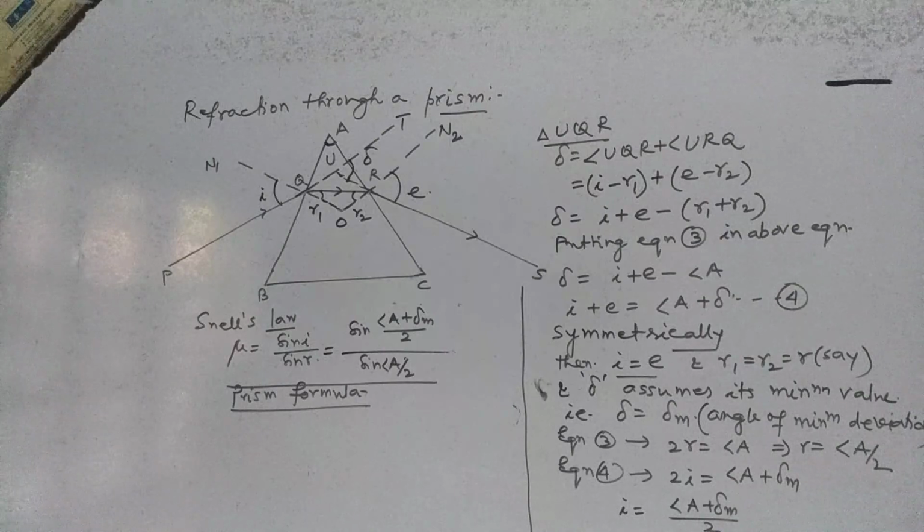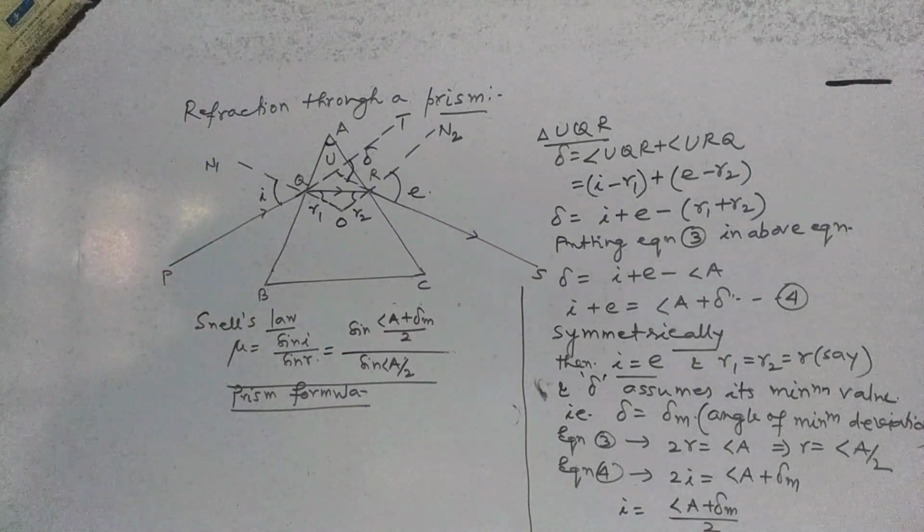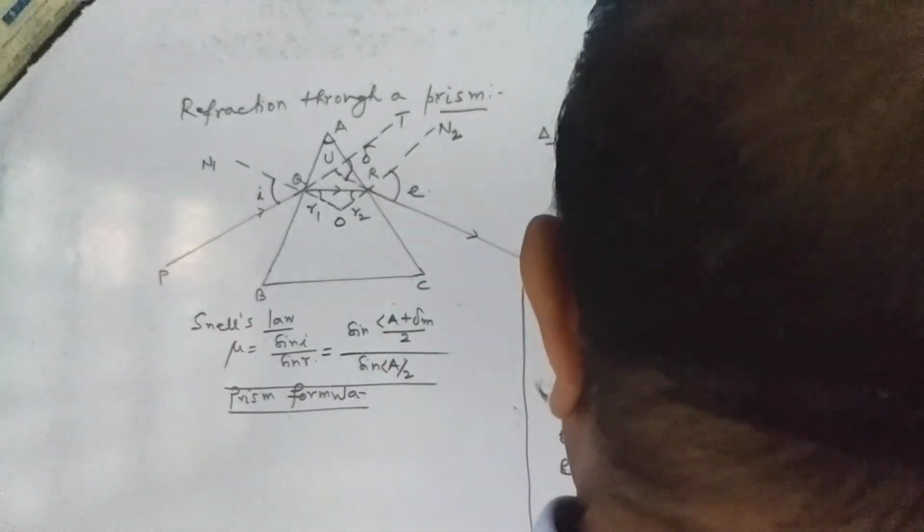How to get the angle of minimum deviation? Now let us see how to obtain the angle of minimum deviation. Okay, on the graph. If I want to plot it on the graph, for plotting it on the graph, I am doing it here.